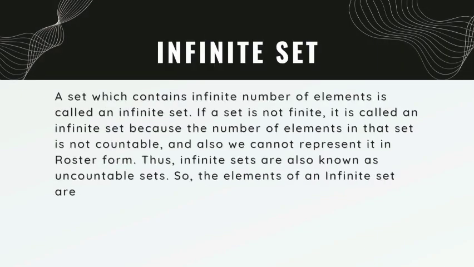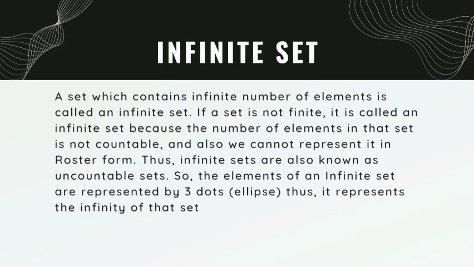Hello everyone, I am Elmi Bolos and now I'm going to discuss infinite set and subset. First we will discuss infinite set. A set which contains an infinite number of elements is called an infinite set.